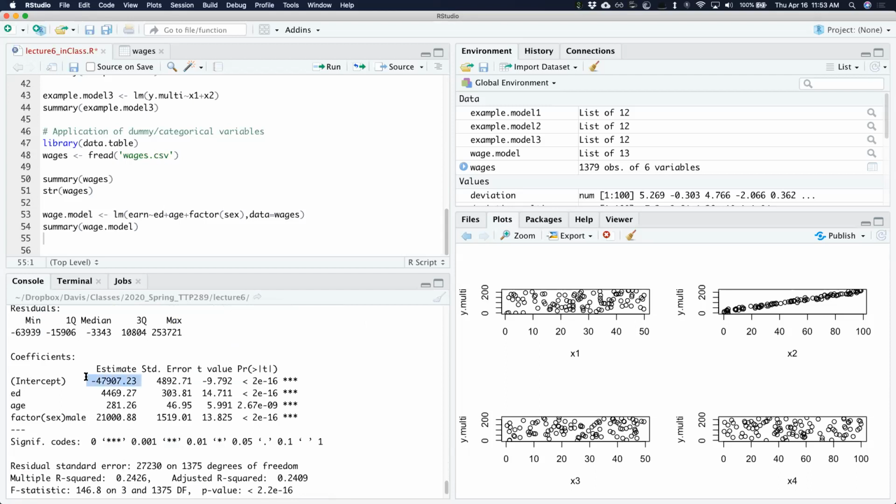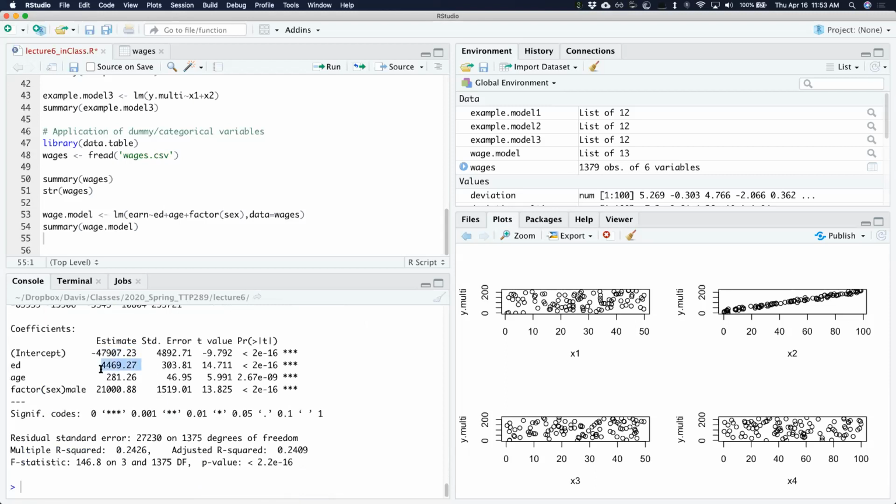So this number is probably pretty nonsensical because you're far past your boundary. But say I had 15 years of education and I were 30 years old. Then it would be 30 times my age, plus 15 years of education times this number, minus this number, which will give you the estimate of your earnings.